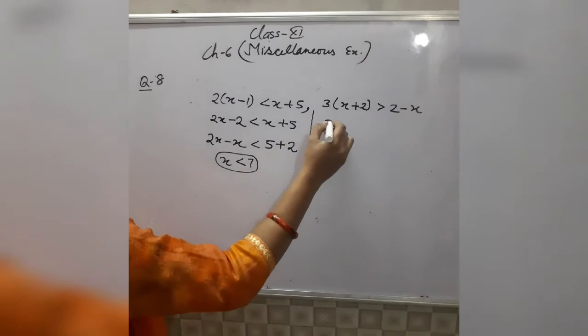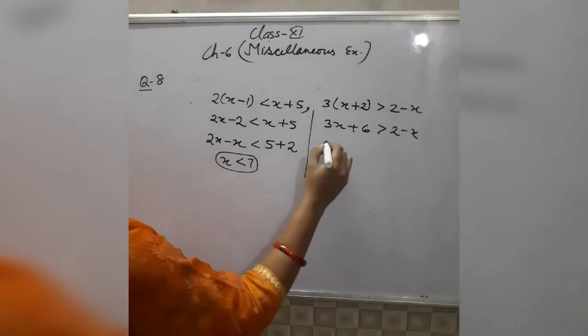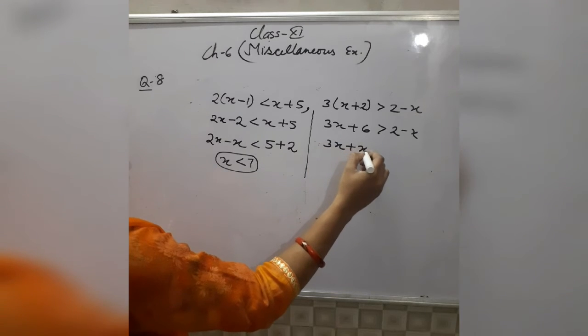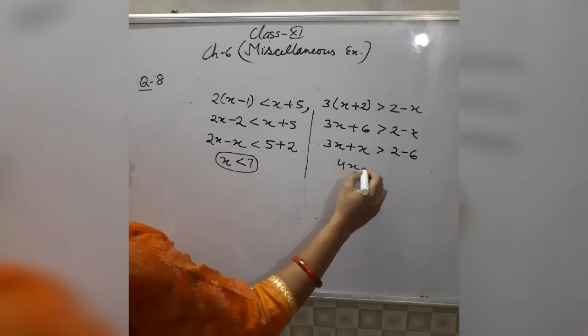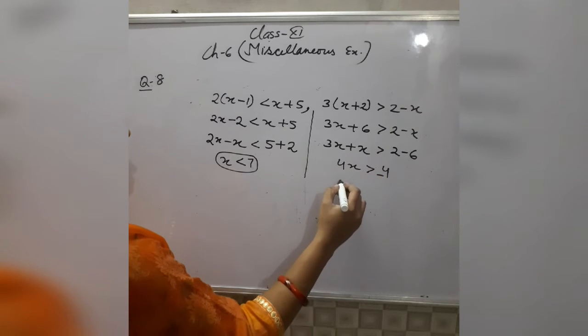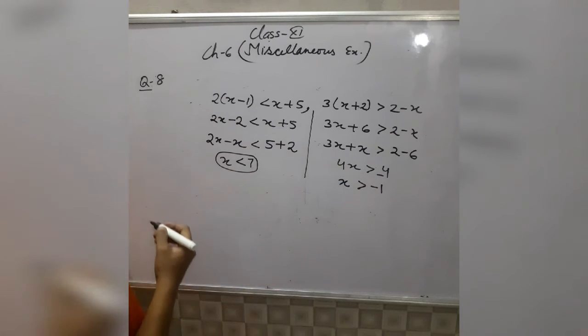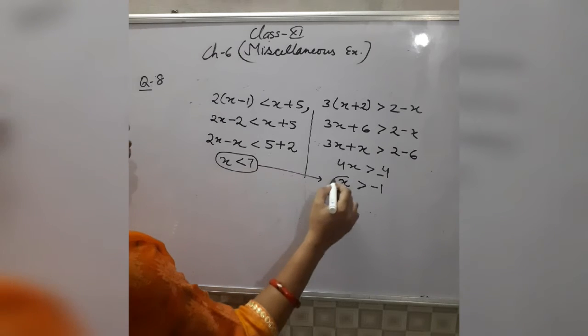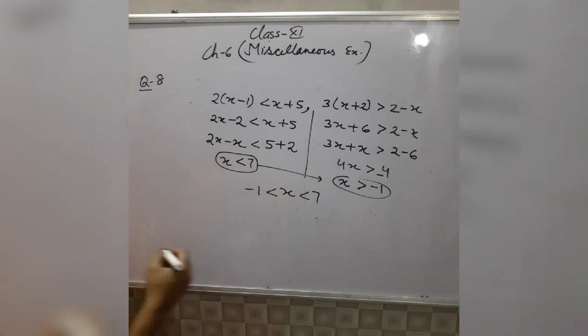From the second linear inequality, 3x + 6 > 2 - x, again taking terms containing the x variable on one side, this +6 comes on this side, 4x is greater than -4, or you can say x is greater than -4 by 4, meaning -1. Combining these two, you get the values of x greater than -1 and less than 7.